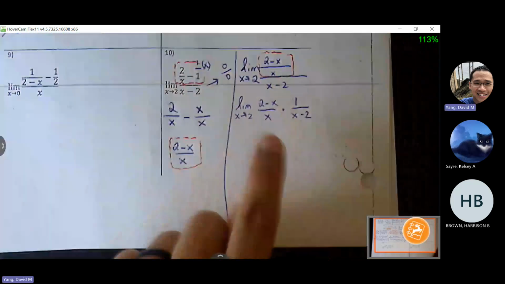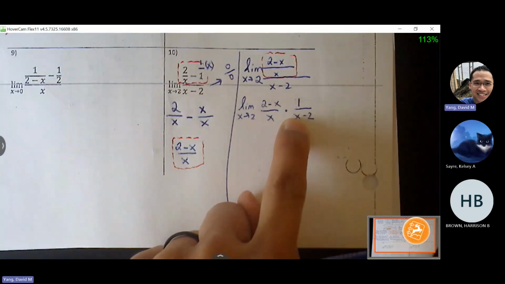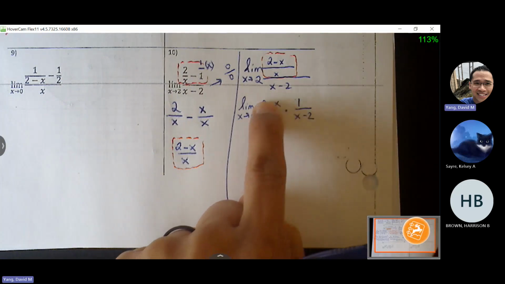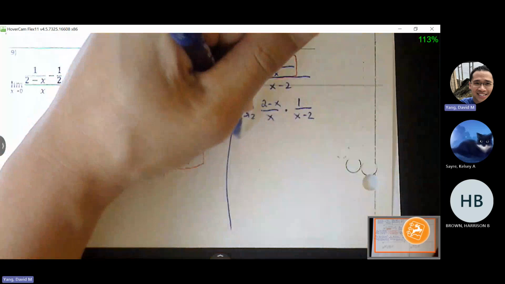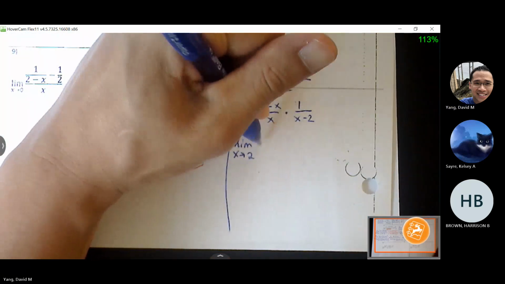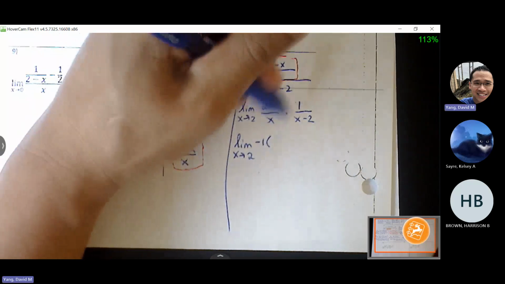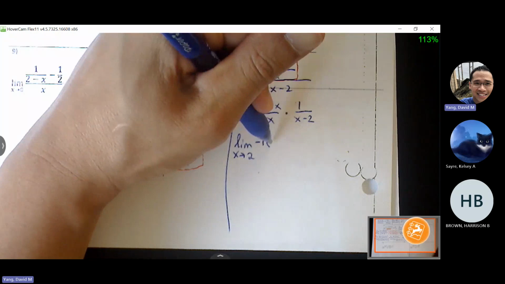It's a little bit easier to see that 2 minus x and x minus 2 are directly above each other, but they're not the same. But they're close. So what can I do? Factor a -1, or we can just cancel them out and keep a -1 as a leftover.